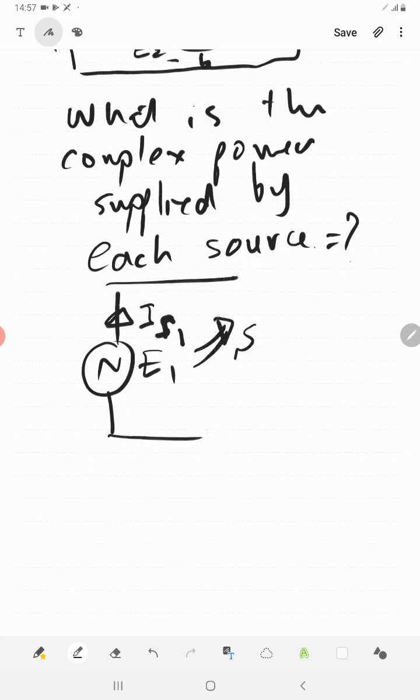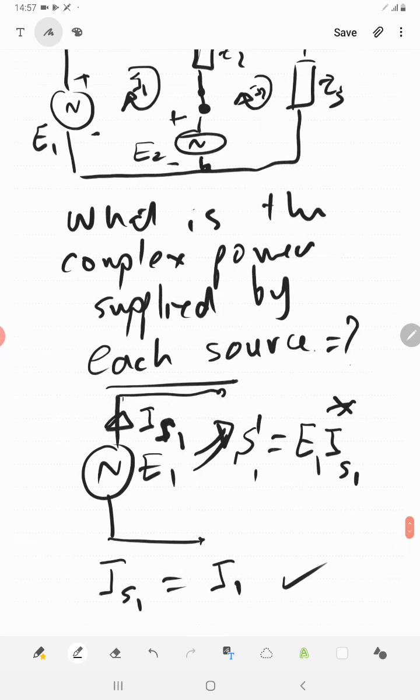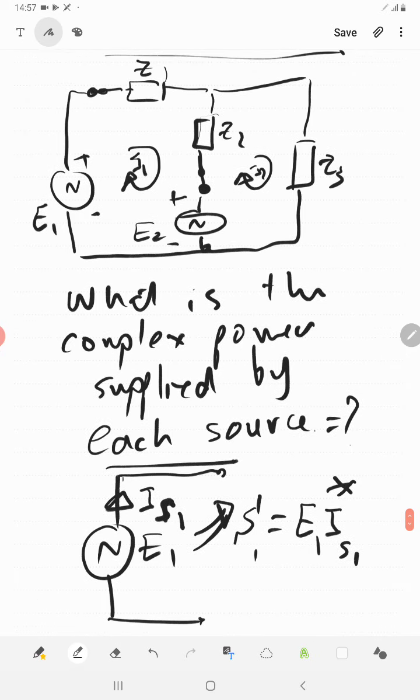It supplies S1, which is equal to E1 times I source 1 conjugate, okay? And I source 1 equals I1. Okay, so we can calculate the complex power supplied by E1.